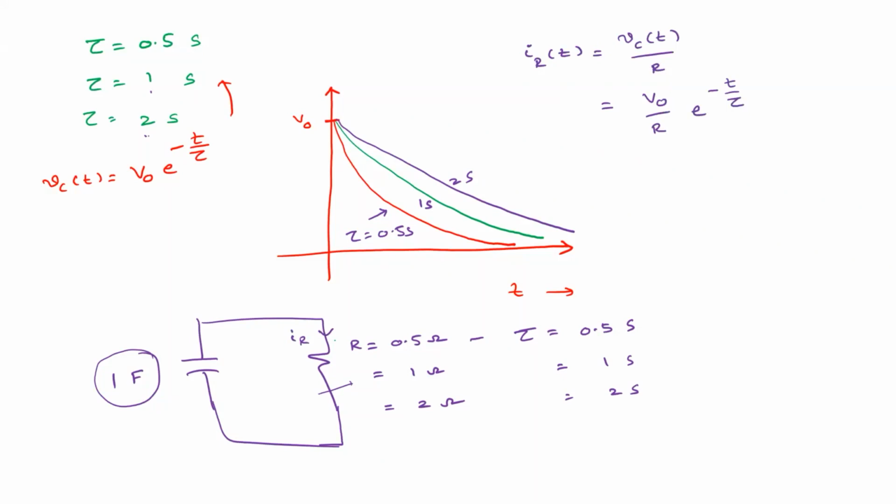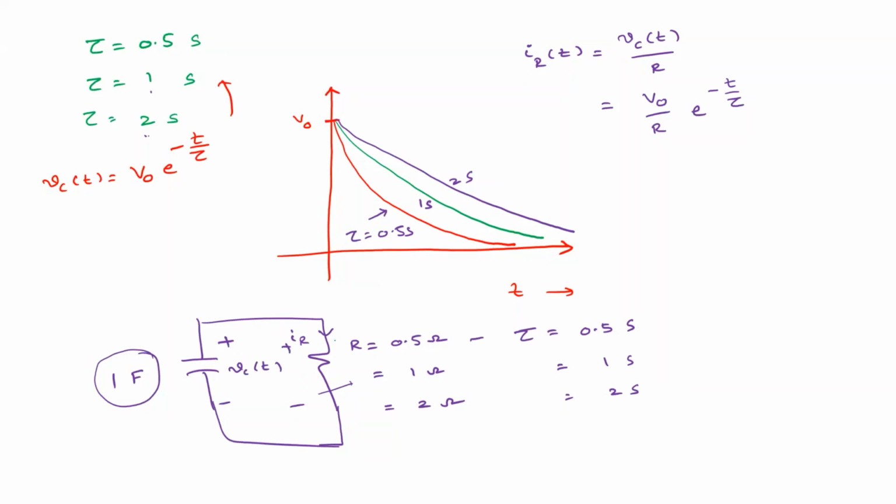Sir, but this is when those are in parallel, no, sir? Why parallel? Because then only the voltages will be the same. So this is vC of t, right? Obviously this is also vC of t. It is forming a closed circuit, so you cannot say whether it is series or parallel.